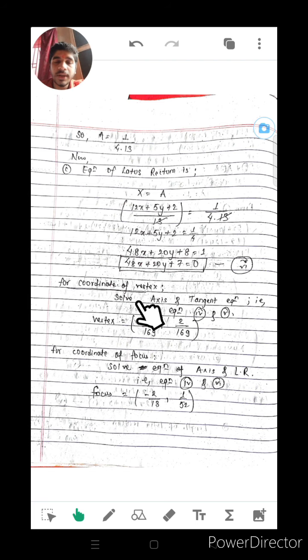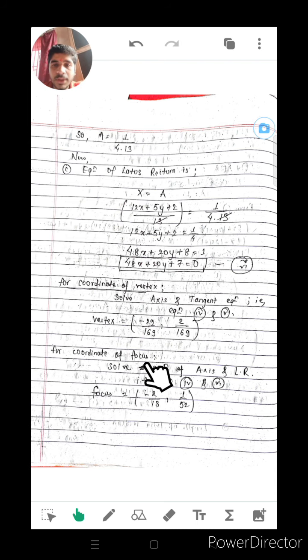So for the coordinates of the vertex, solve the axis and tangent equations. That is, the axis means equation 4 and 5. By solving those two equations we'll get the point of the vertex.